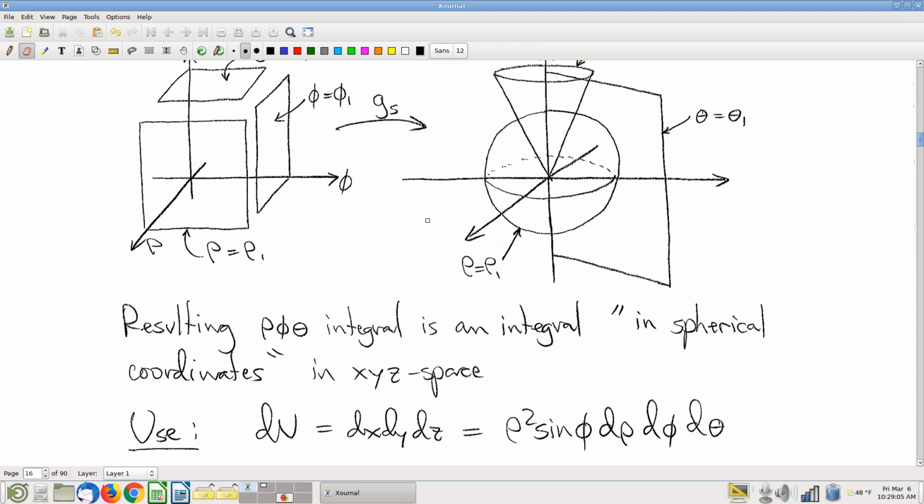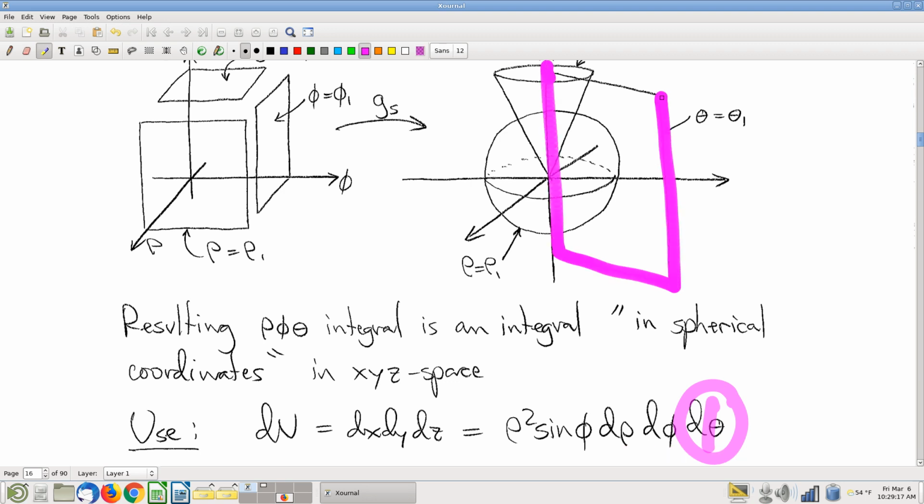If you make this choice for the order to do your differentials, if you always do your theta slicing first, notice that theta slices are nice and flat. Your phi slices second.